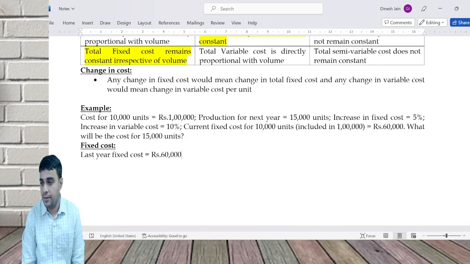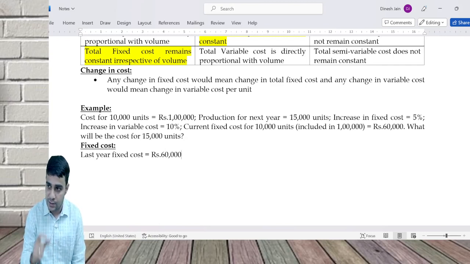In my example I've given in the second line, last year fixed cost is rupees 60,000. Now whenever I'm analyzing fixed cost, I just want to know the total fixed cost. Some questions will say last year fixed cost is 6 rupees per unit. If they give you per unit, your first job is to convert that into an overall fixed cost, because what I need is the overall fixed cost and not the per unit fixed cost.